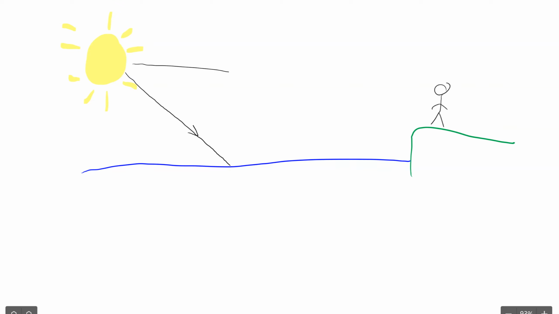Obviously, you could look at the sun. I don't recommend it. But the sun's rays are going everywhere, right? Let's just pick this one ray. Really, it's just showing the direction of the electromagnetic wave that comes in. But it strikes the water. Now, a couple of things.